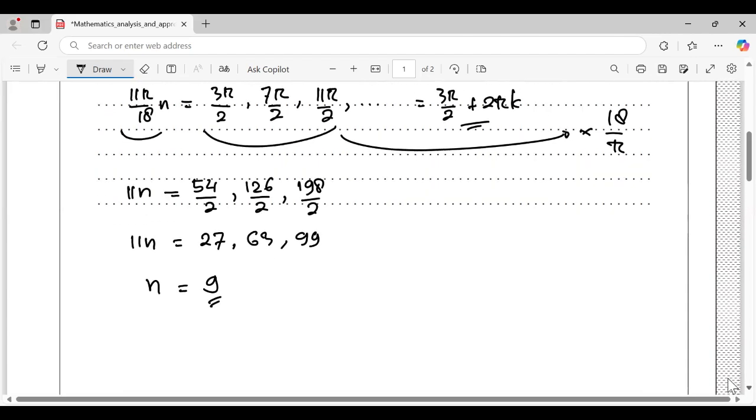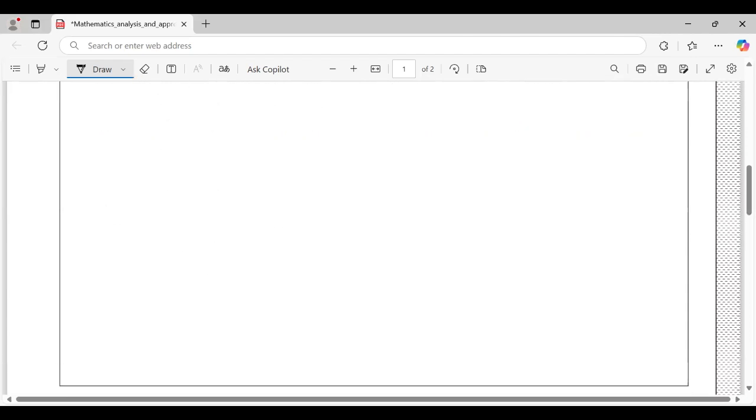Part B. According to the question information, Z power n equals cosine n theta plus i sine n theta.